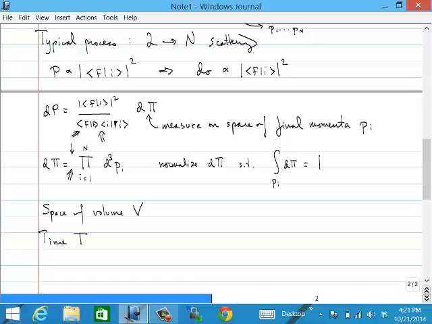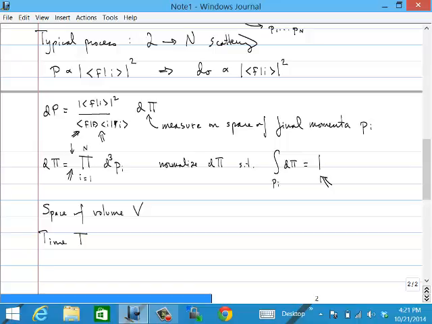So in particular, if you stare at this equation here, d³p has units of energy cubed, or length to the minus 3 power, because energy has units of 1 over length when c and ħ are set equal to 1, whereas 1 is dimensionless. Okay.